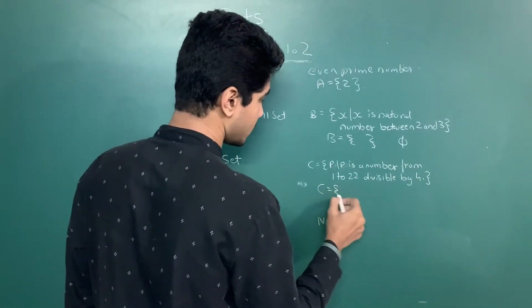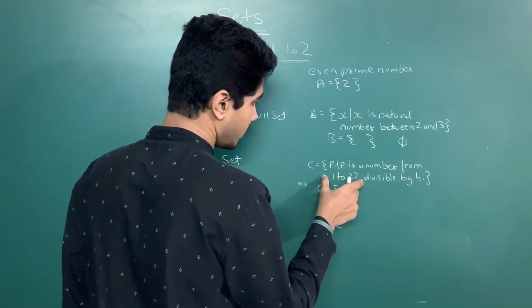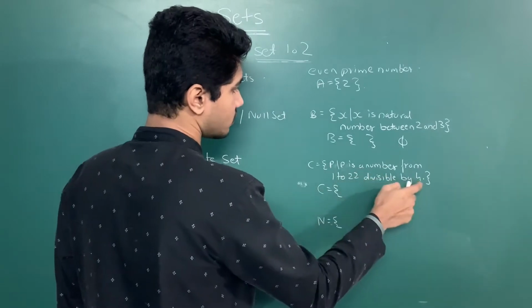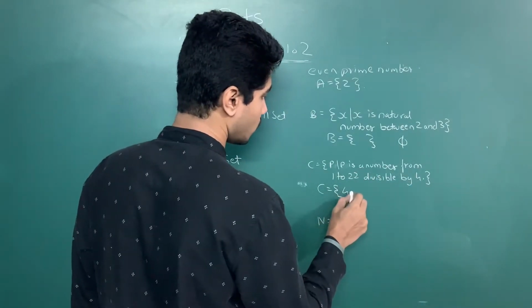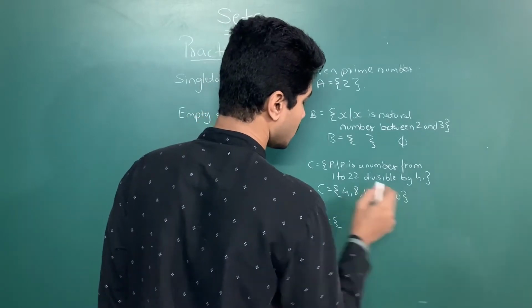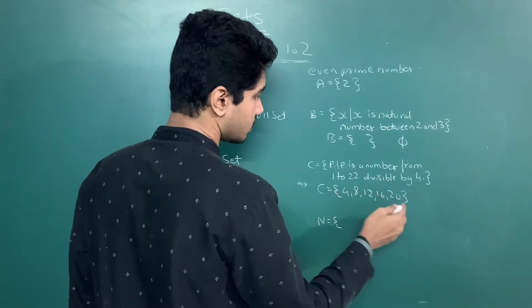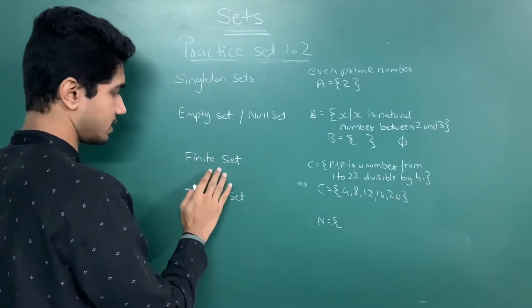We can write this as C is equal to, the numbers between 1 to 22 which are divisible by 4 are 4, 8, 12, 16 and 20. Now if you see this set, the numbers are limited and countable. Therefore, it is called a finite set.